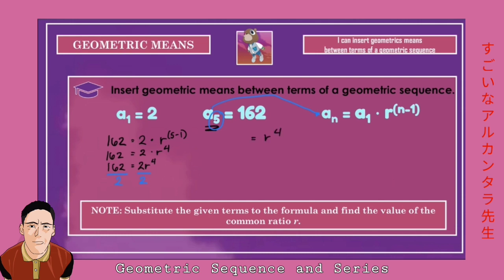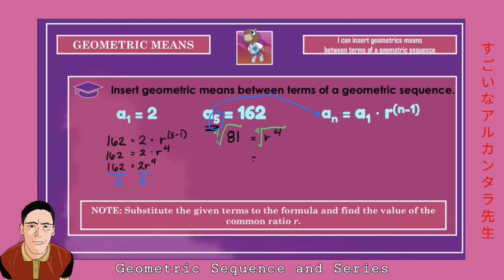Now 162 divided by 2, you're going to get 81. Now, what do you do here? We want to eliminate the exponent. So how do you do that? All you have to do is get the root of it. But what's going to be the index? Simply the exponent. So you're going to get the fourth root of this example.